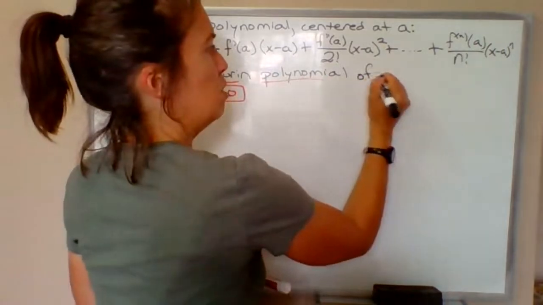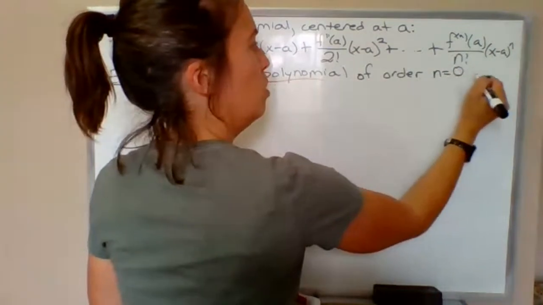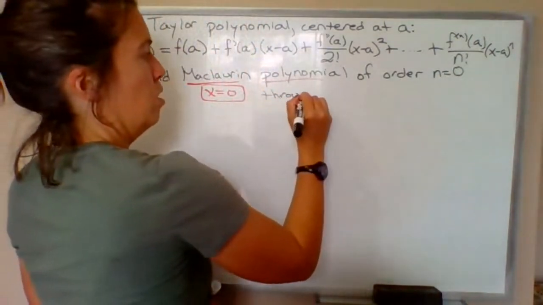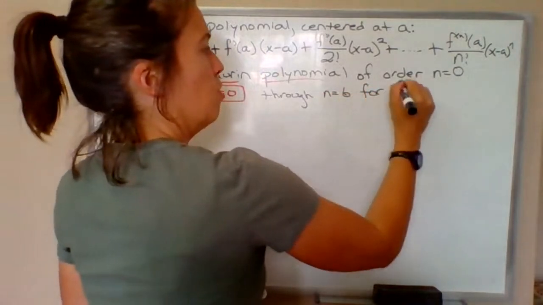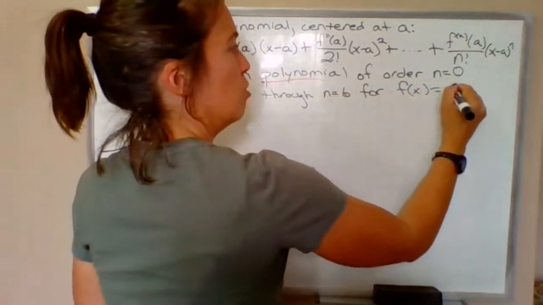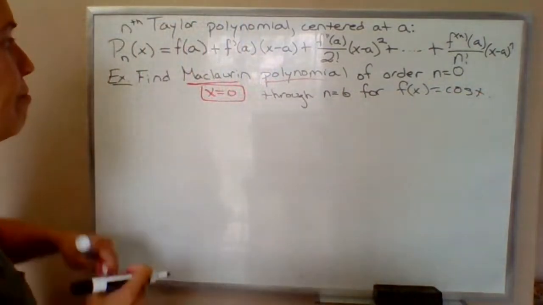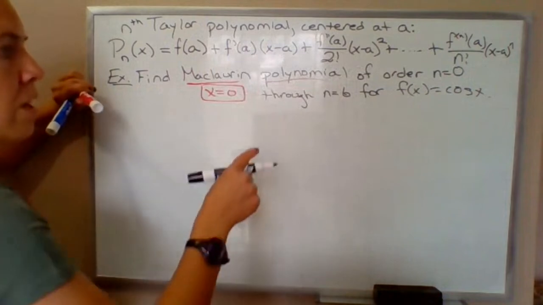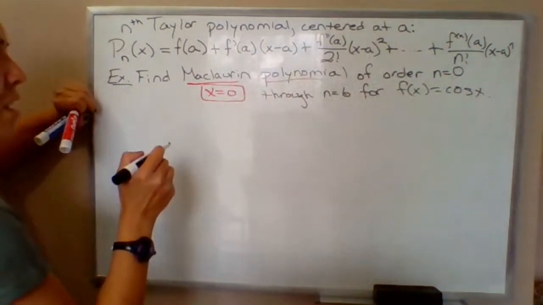So Maclaurin polynomial of order n equals 0 through n equals 6 for the function f of x equals cosine x. Okay, so this is the example we want to solve. So we could plug in 0 for the a's up here. And then 0 through 6, we'll worry about that in a minute.